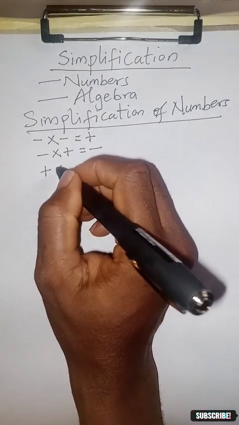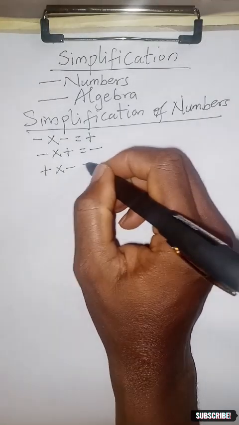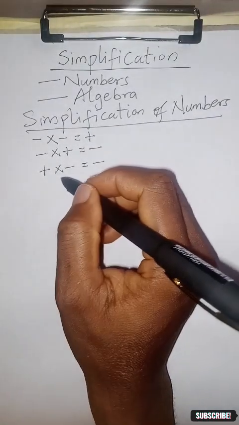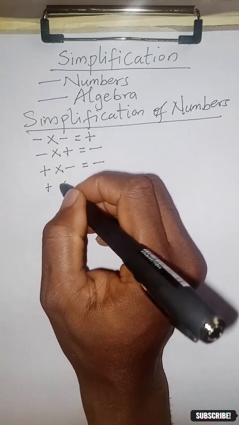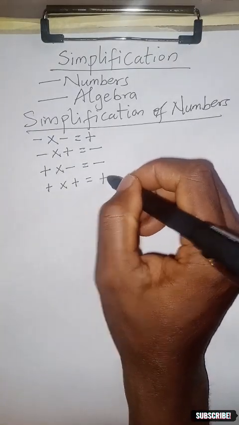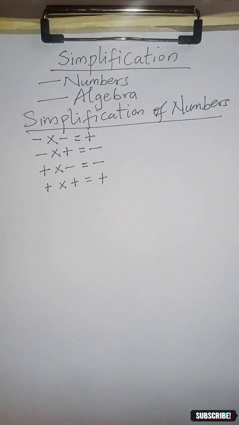Plus times minus is equal to minus. And plus times plus is equal to plus. Now remember this, very important. We're going to use what we've just learned to simplify numbers in algebra.